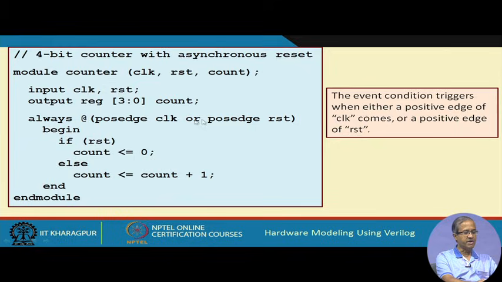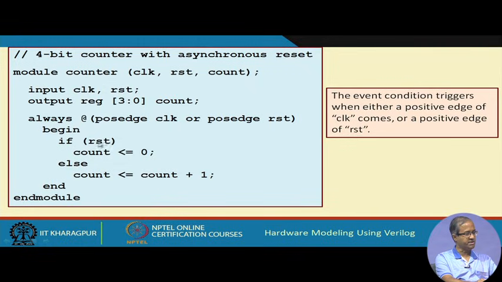Here our event condition says either positive edge of the clock or positive edge of reset. If any one of them is true, this event condition is considered to be true. So, you go inside and check first if reset was active. Positive edge means reset has become 1.